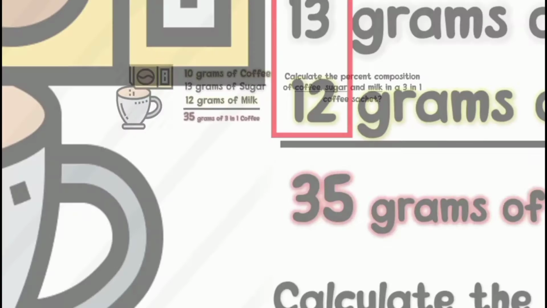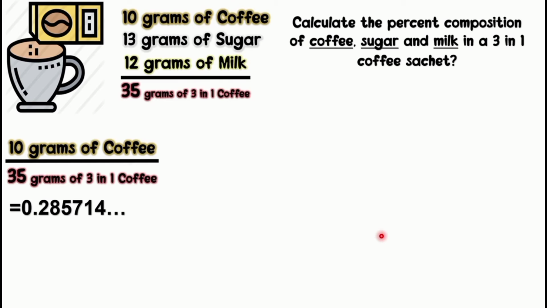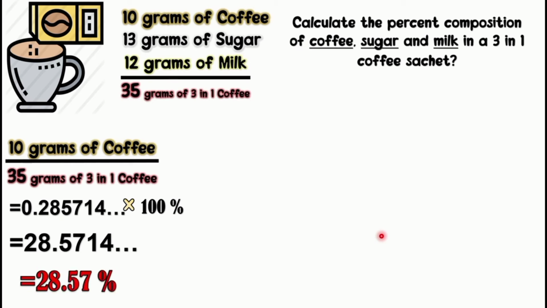Now, the process is 10 grams of coffee divided by 35 grams of 3-in-1 coffee is equal to 0.285714 and so on, times 100. So therefore, the answer is 28.57%.